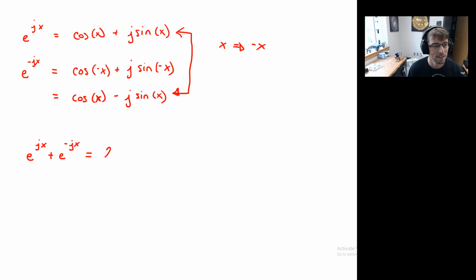Hopefully you see it. 2 cosine of x. How about e to the jx minus e to the negative jx? What is that going to be equal to? Hopefully you see it again. This is going to be 2j sine of x.